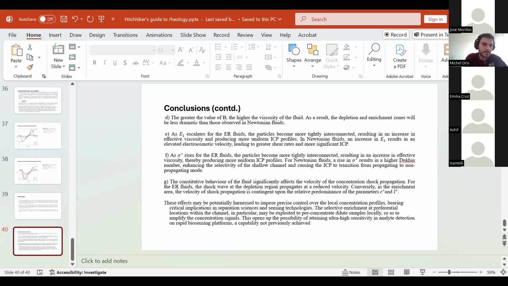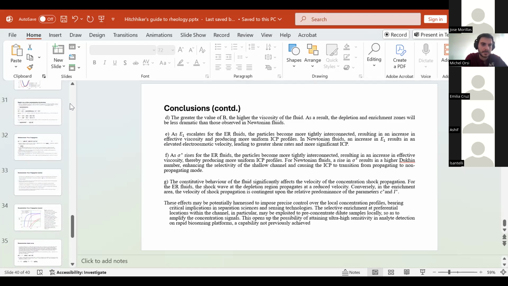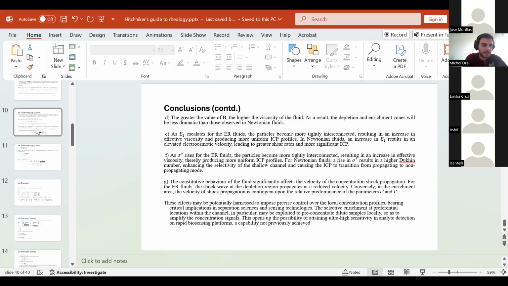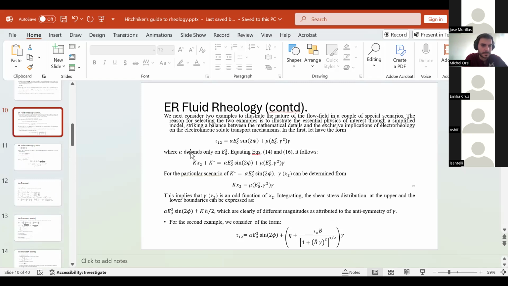Yes, this component is the yield stress. Let me show it to you. This A square sine 2 phi is the yield stress component. It is the Bingham model for the ER fluid.